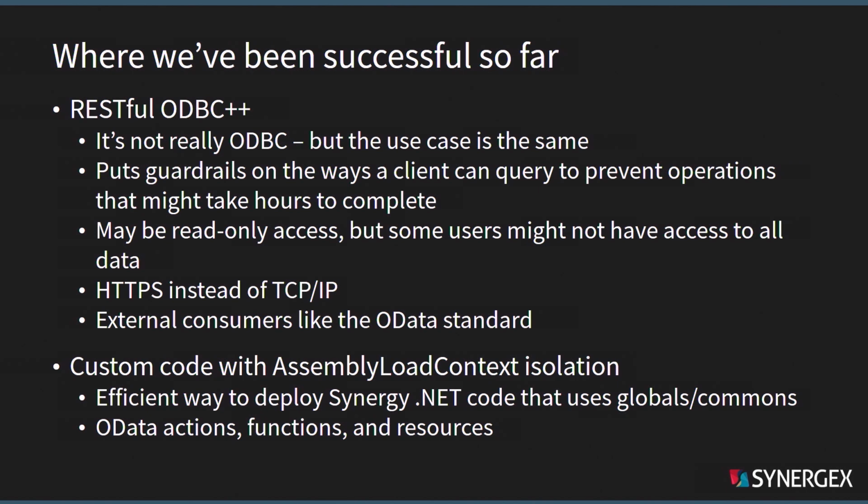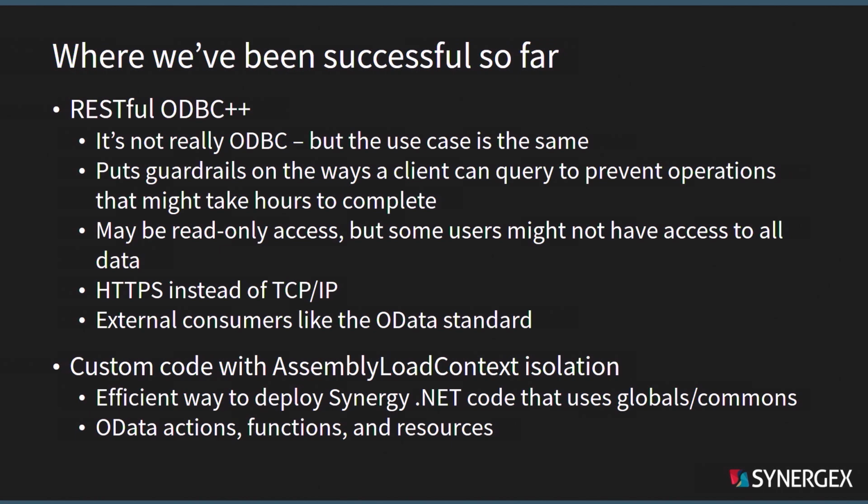Everything runs on HTTPS, so offering that out as a web service is a lot simpler. And external consumers that have nothing to do with us or you like having standards. A lot of external consumers understand OData inherently. So we support OData, they support OData, they work together, it's great, everyone's happy.